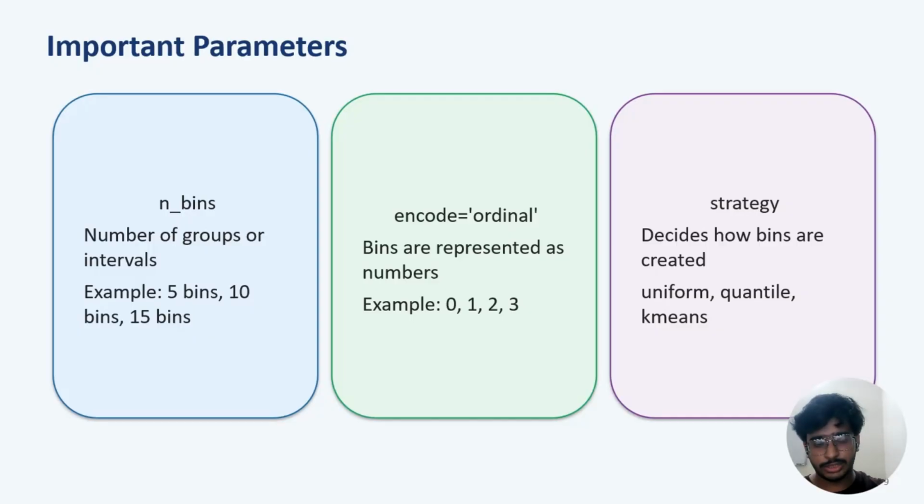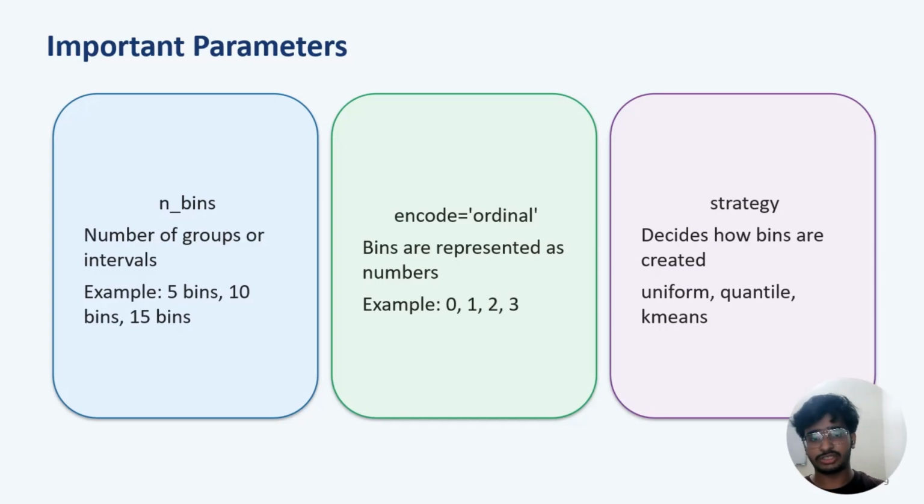Second comes encode. Encode means each bin will be represented using numbers, so the transformed output becomes numeric, and this tells the type of encoding, like ordinal encoding, label encoding, or one hot encoding.